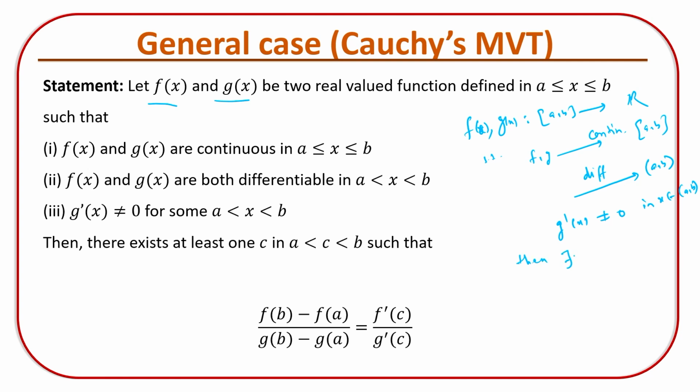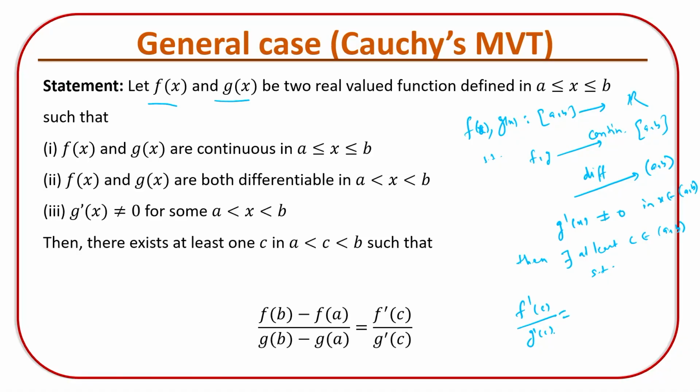Then there exists at least one c in the open interval (a, b), such that the ratio of f dash c and g dash c, that means the ratio of the slopes of the tangent lines at point c for the function f and for the function g, can be calculated using the ratio of the differences of the endpoint values of the two functions.